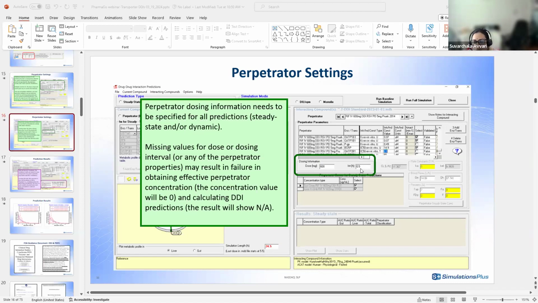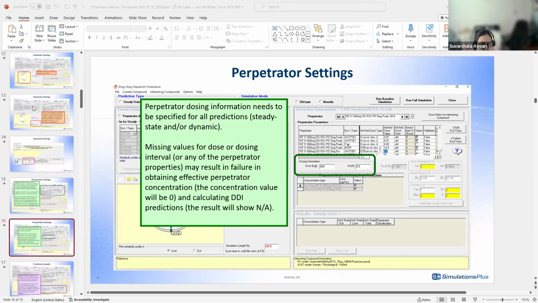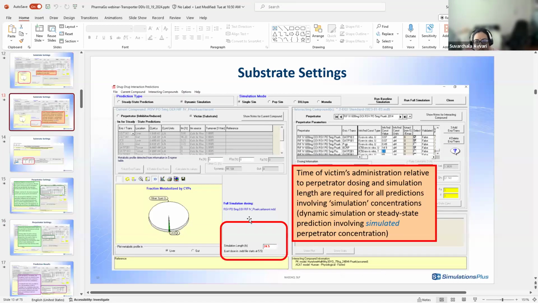This is where you can do that if you don't want to create an MTD file in the PBPK model. Similarly for the substrate, if you don't have an MDD file, you can enter the substrate dose and the dosing interval, like after how long the victim drug was given after the perpetrator. That's the information you can enter here if you don't have an MDD file. Hope that helps and answers your question.